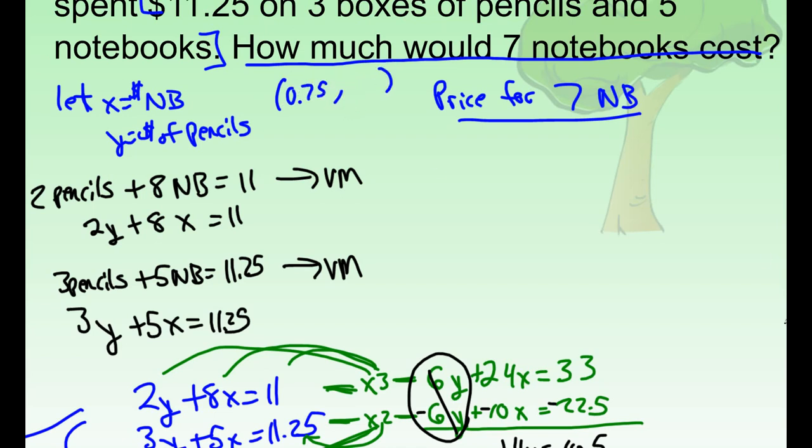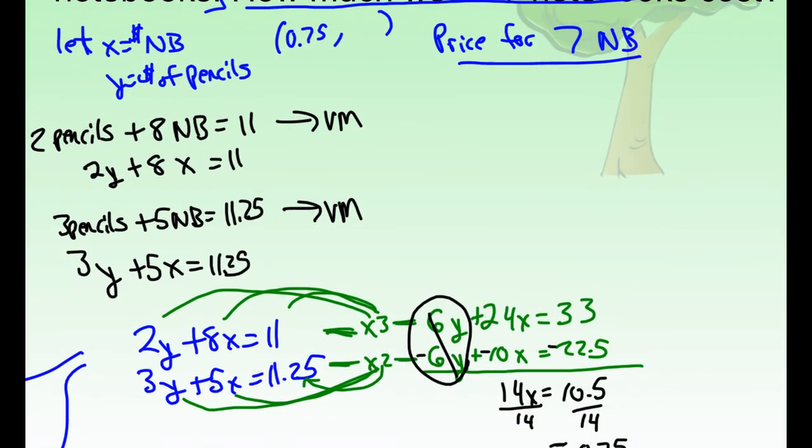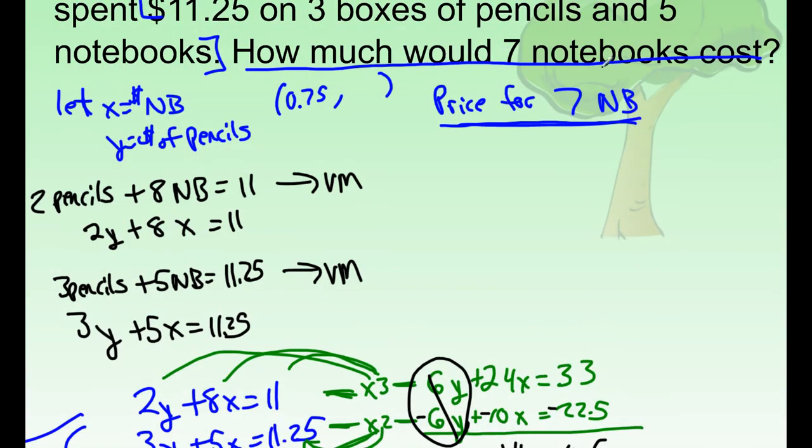I'll be honest, we could almost stop what we're doing right now and answer our question, but for the sake of completeness, I'm going to find out what the value of y is, the pencils as well, but all we really needed was the cost of the notebooks to figure out how much 7 notebooks cost. Now I'll do this first. We want to answer the question. So 7 notebooks is what we're trying to find. How much would 7 notebooks cost?